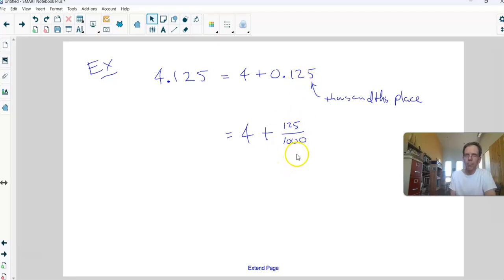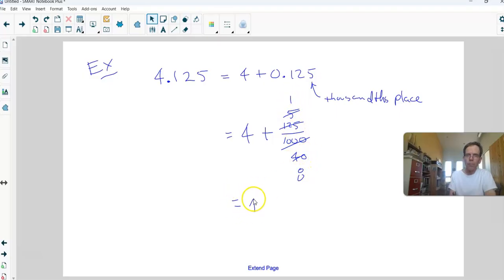Okay, this again can be reduced. Let's see, 25 is maybe an easy way to divide in. 25 goes into 125 5 times, and 25 goes into 1,000 40 times. And then 5 goes in, right? 5 goes into itself once, and 5 goes into 40 8 times.